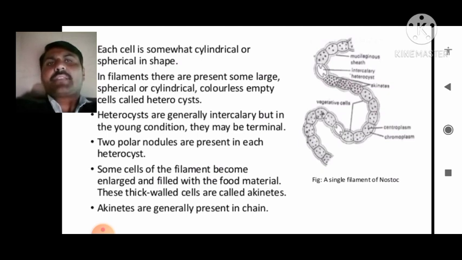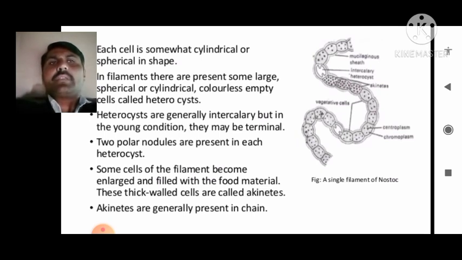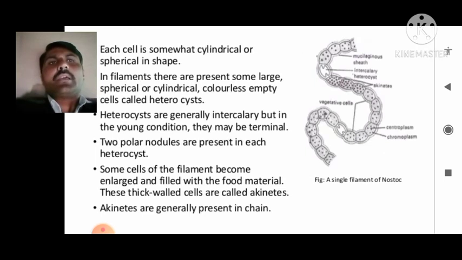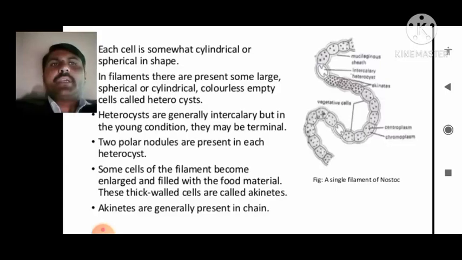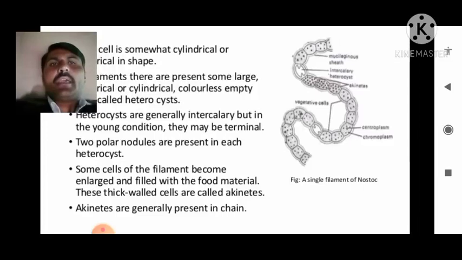The filaments present are large, cylindrical, and colorless empty cells are observed. Heterocyst is generally intercalary, but in the young condition they may be formed terminally. In the heterocyst, two polar nodules are present in each heterocyst of a filament.